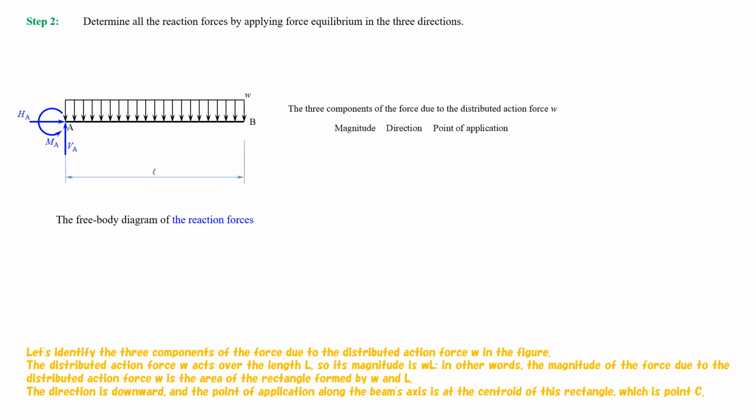The distributed action force W acts over the length L, so its magnitude is W multiplied by L. In other words, the magnitude of the force, due to the distributed action force W, is the area of the rectangle formed by W and L. The direction is downward, and the point of application, along the beam's axis, is at the centroid of this rectangle, which is point C.